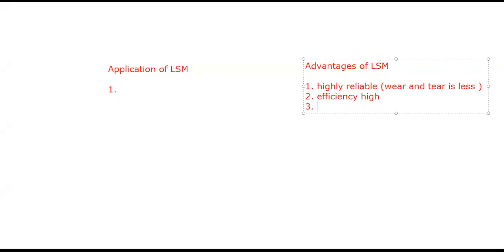Now, since it is a linear motor, it is not said that it is going to operate only in the horizontal direction, right? It can operate in the vertical direction also, or at any other angle, it is feasible, right?